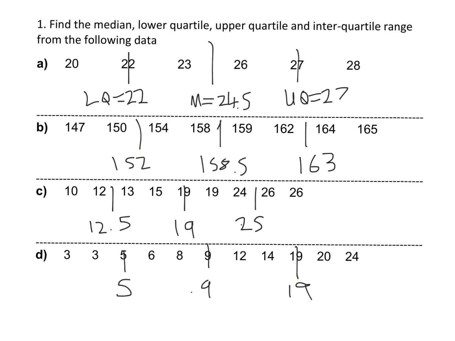Now if you are hitting A star level, you might be looking at this. You can switch off now if you're not thinking about A stars. If you're thinking about A stars, you might look at the quartiles and go, they are not even. Take, for example, B is nice. You've got 2 values, 2 values, 2 values, 2 values. That looks okay.